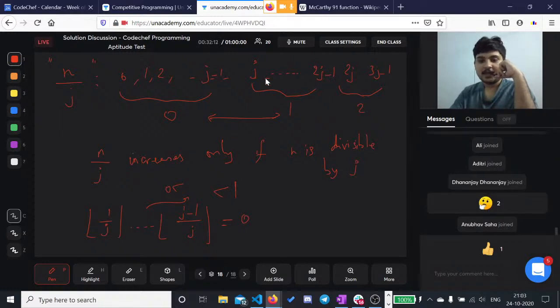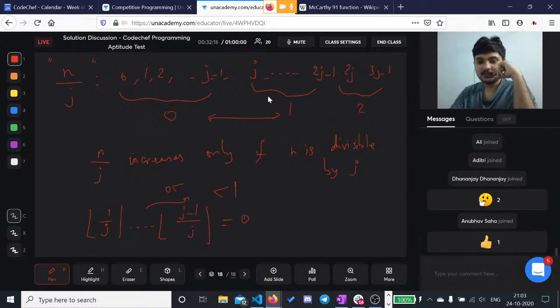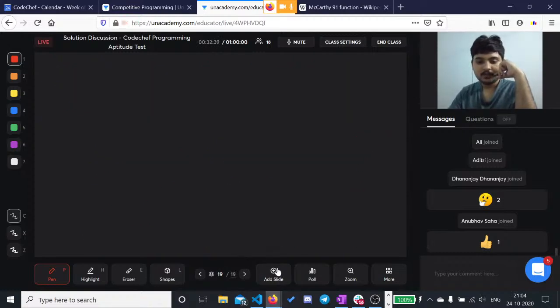And then for these terms, I can write them as j plus 0 to j minus 1. So I can write this as j plus 0 by j, j plus 1 by j. So this segment I can rewrite as 1 plus 0 by j, 1 plus 1 by j, 1 plus 2 by j, and so on till 1 plus j minus 1 by j.